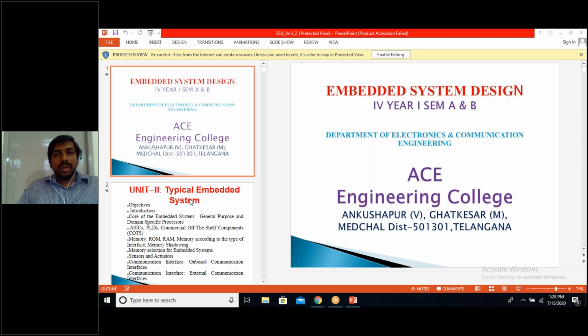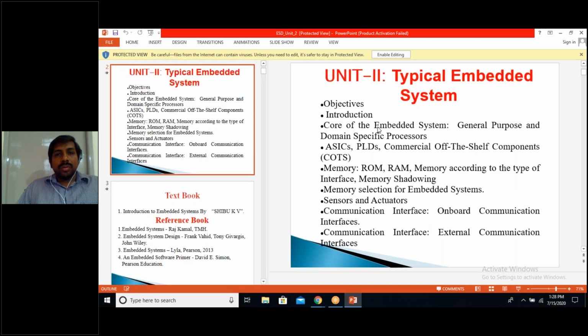So after covering the first unit, in the second unit we are going to study the elements of embedded system. This unit consists of the following topics.